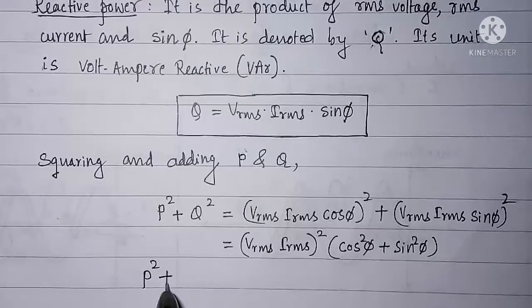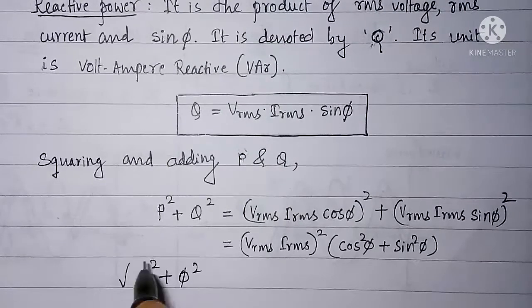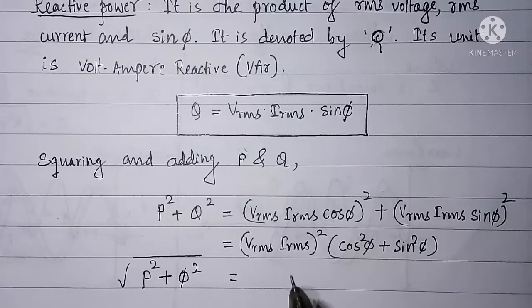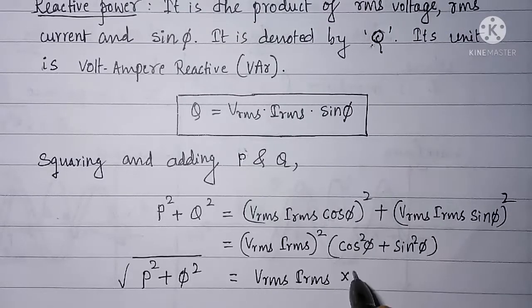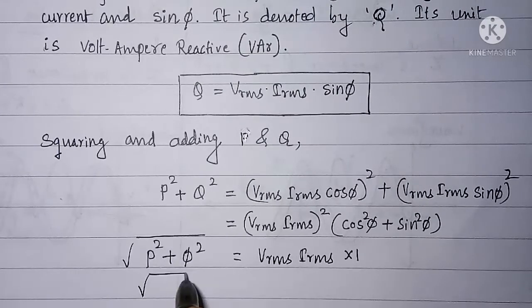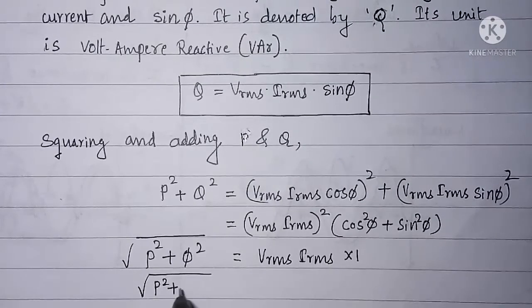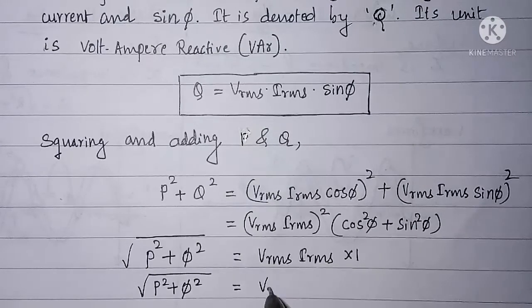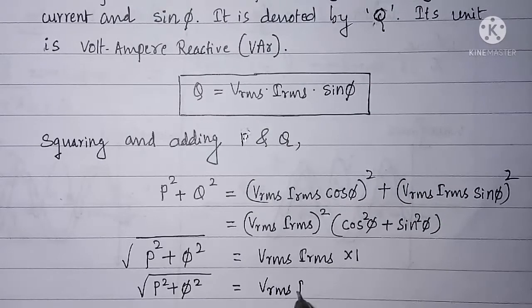Taking square root on both sides, we get Vrms into Irms into 1, that is, square root of P square plus Q square equal to Vrms into Irms.